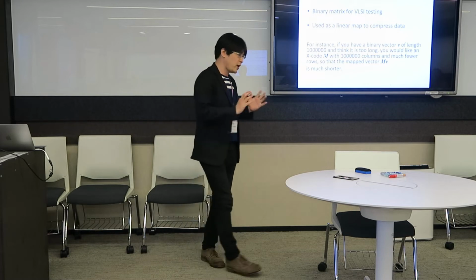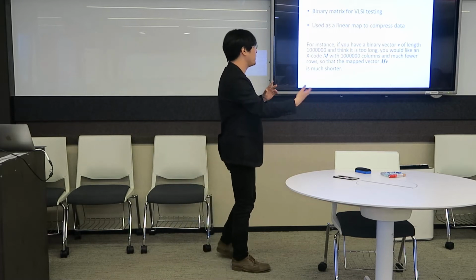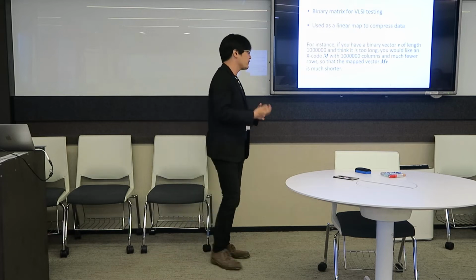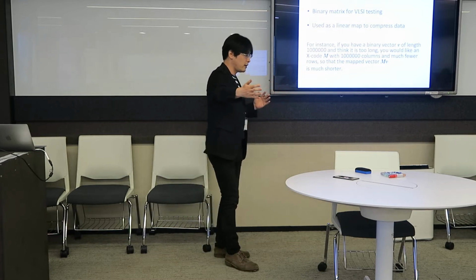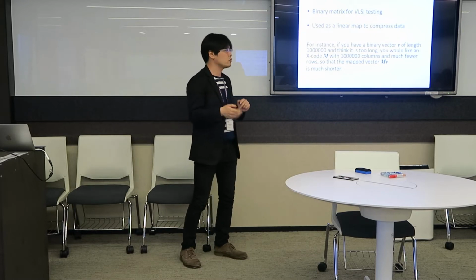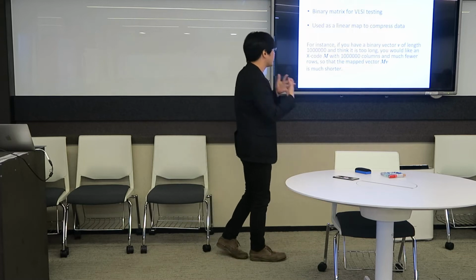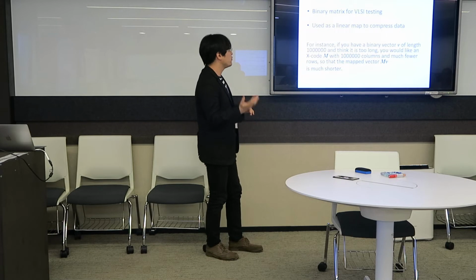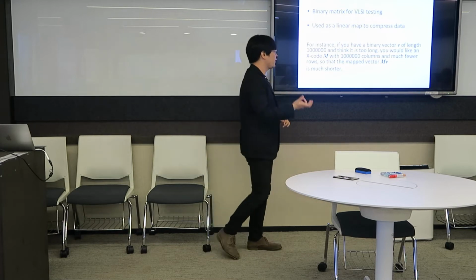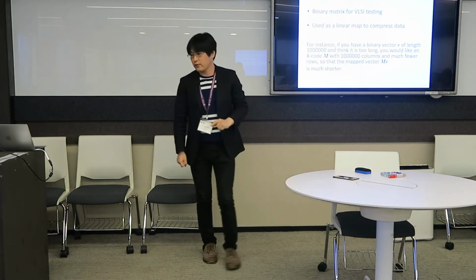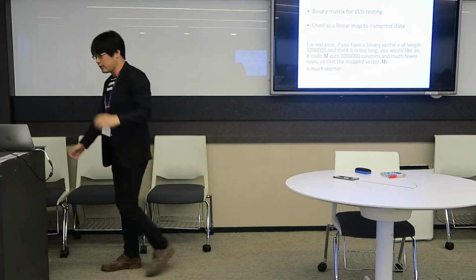You may have a million bits or a billion bits, and you want to work on a very long vector, but you don't want to do that because it's time consuming or very expensive. So what you do is take a linear map M times the long vector, where M is the X code, so that you can work on the hashed one.